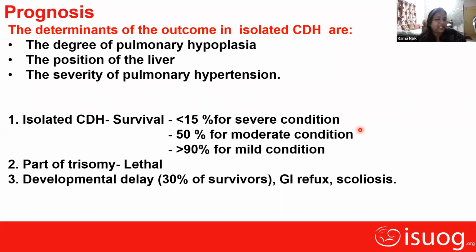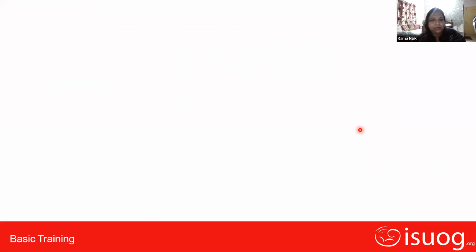In case of severe condition, the survival is less than 15%. And in case of moderate condition, the survival is 50%. And in case of mild condition, if we give good patient care, we will survive the baby more than 90%. And if it is part of trisomy, of course, the condition will be lethal.